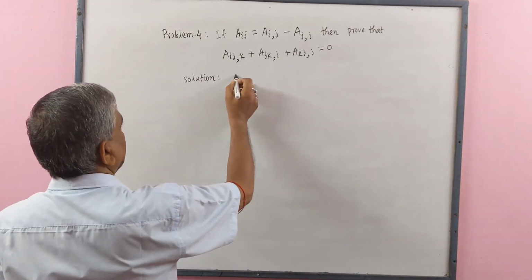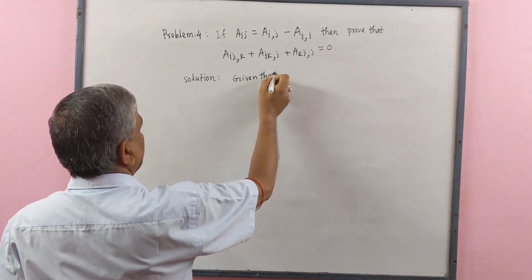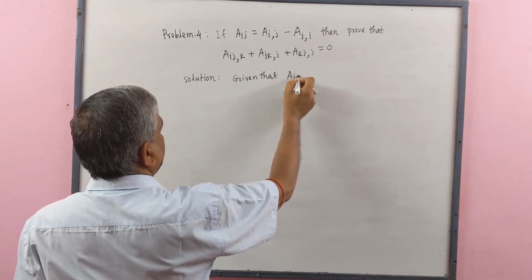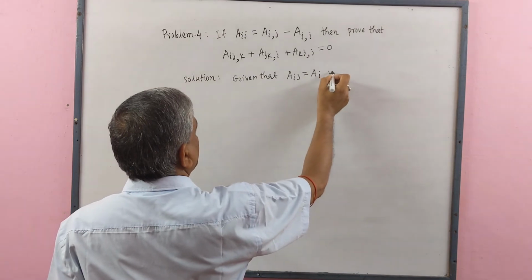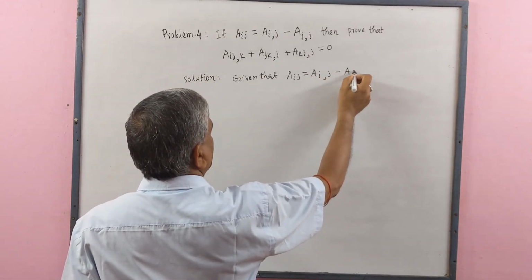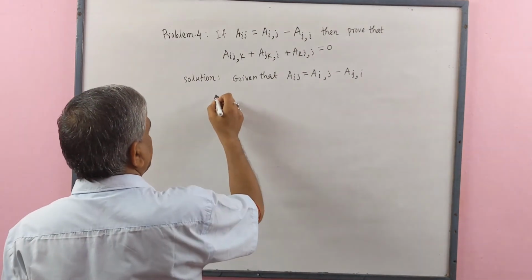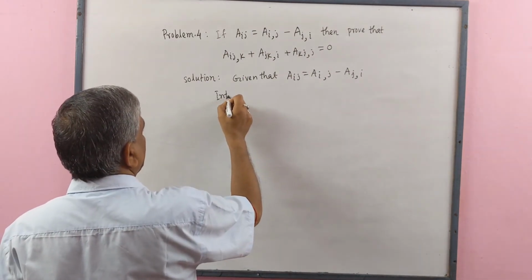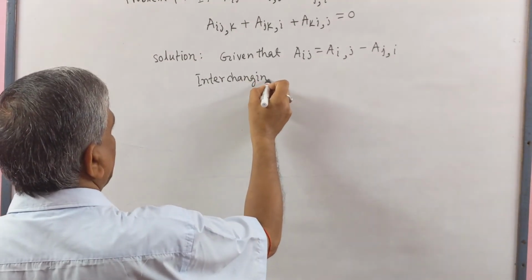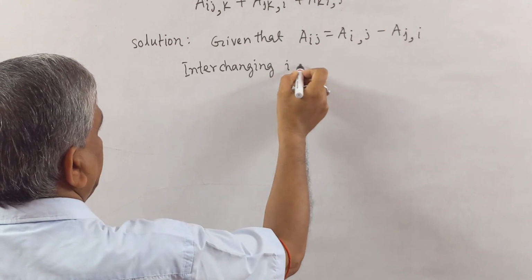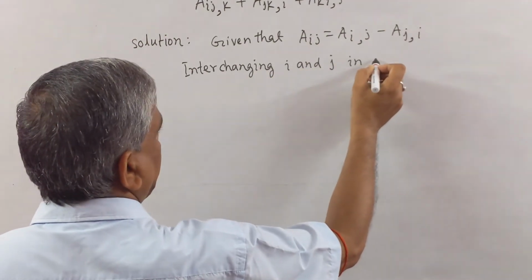Given that a_{ij} equal to a_{i,j} minus a_{j,i}, interchanging i and j in both sides.